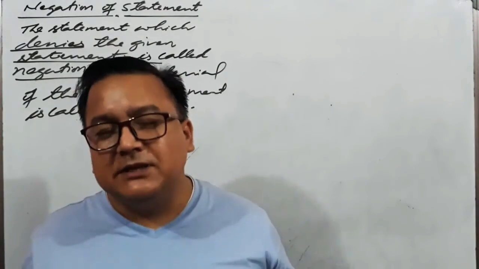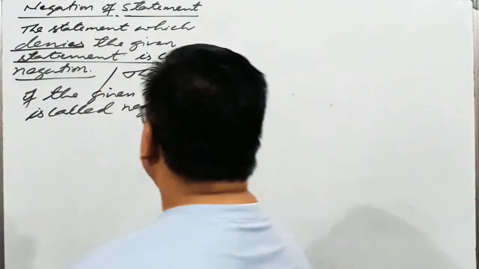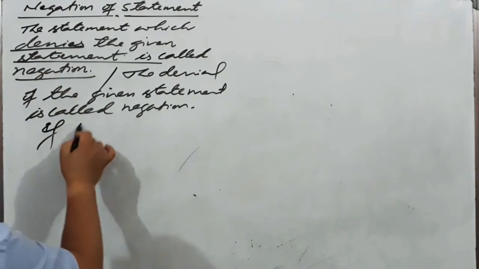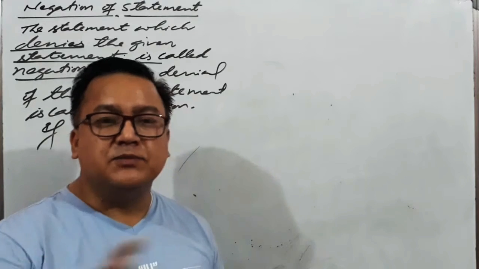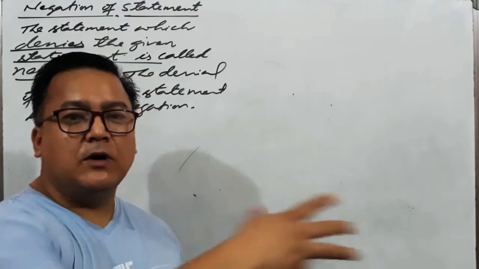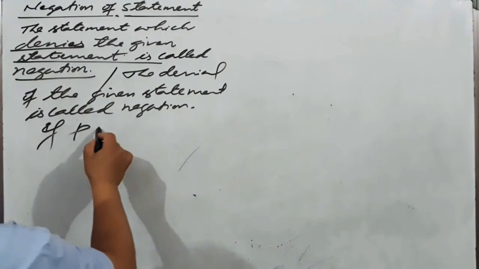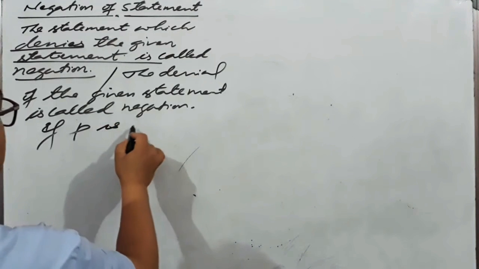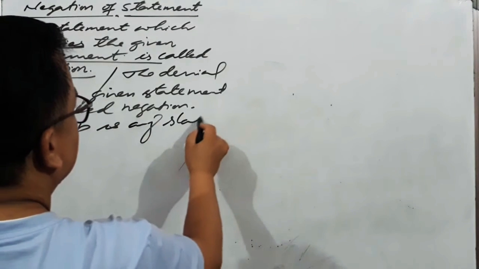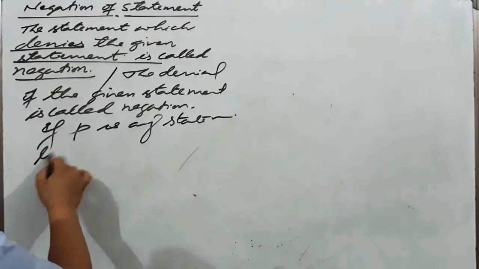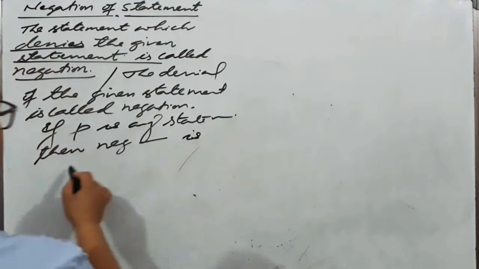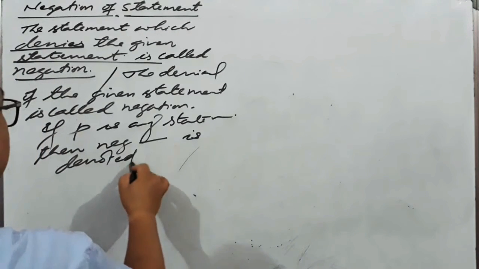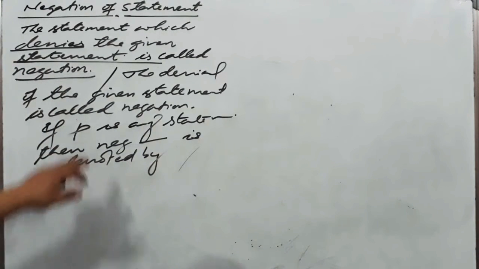The statement which denies, or the denial of the statement, is called the negation. As I told you in logic, a statement is generally represented by a small letter like P, Q, R, and so on. If P is any statement, then the negation of the statement is denoted in this way.